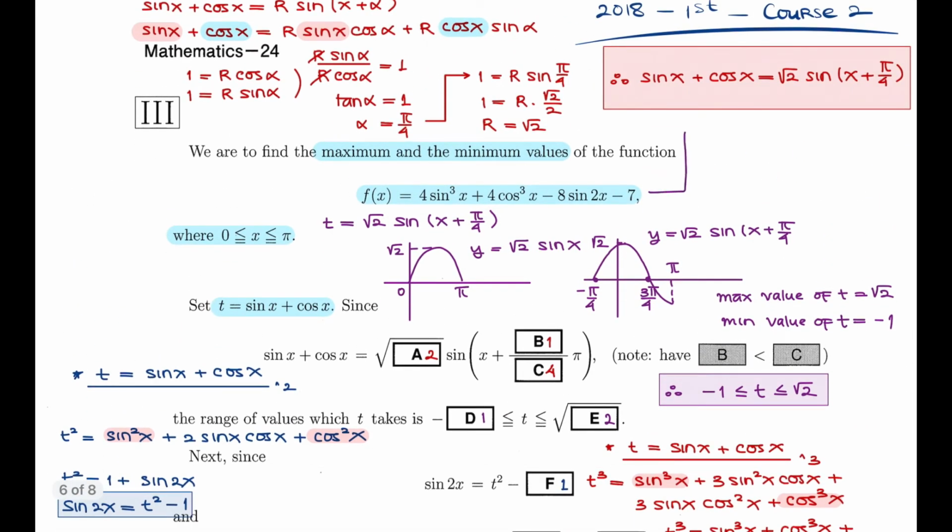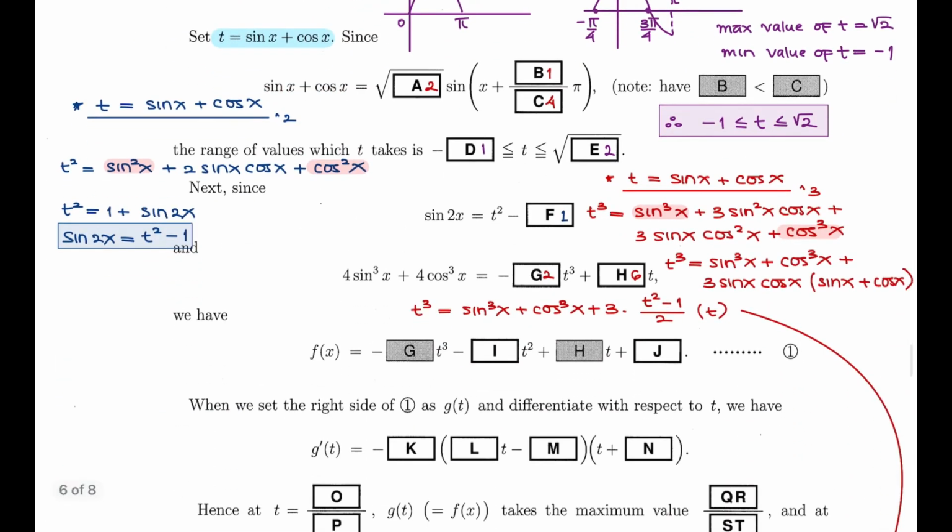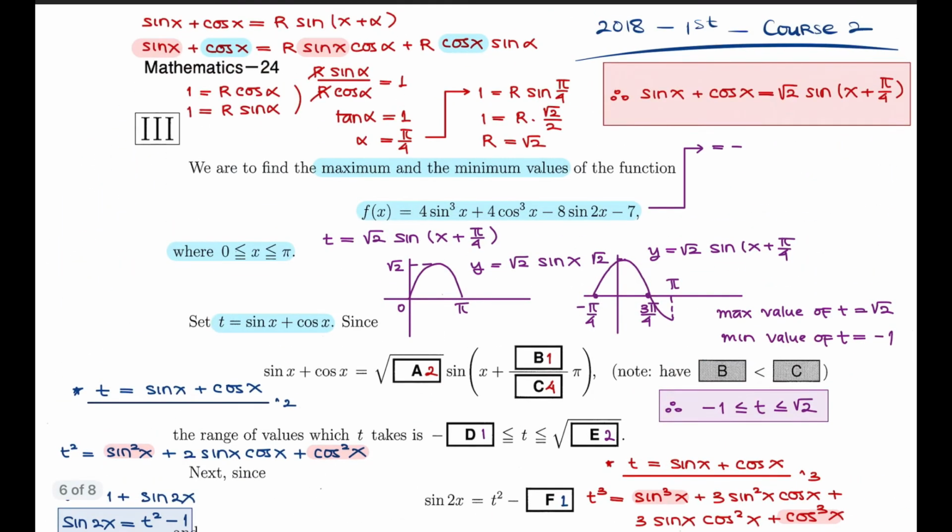Let's do it here. Negative 2t cubed. First of all, we change this expression first.